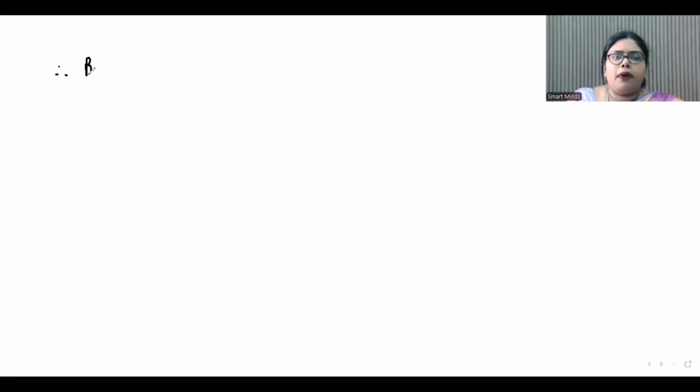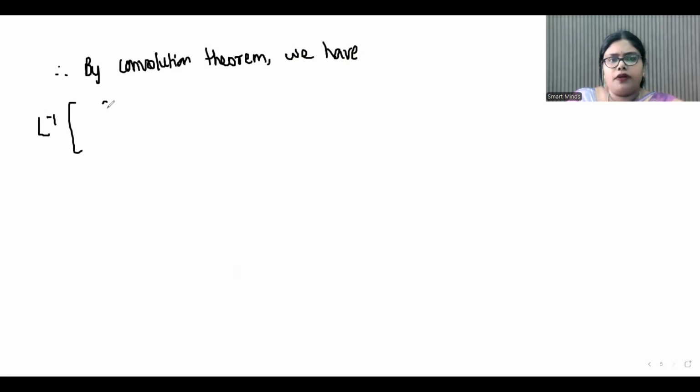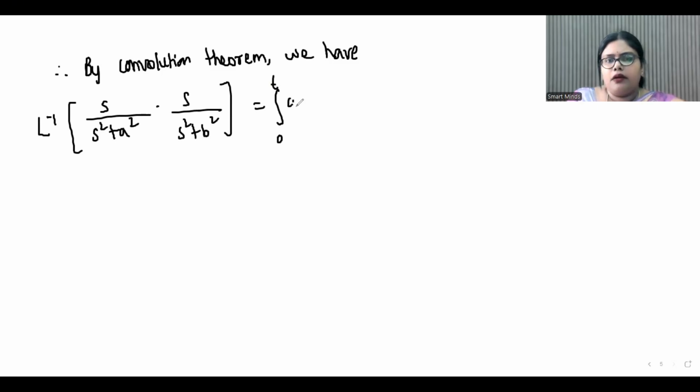Therefore, by convolution theorem, we have L inverse of s by s square plus a square into s by s square plus b square is equal to integral 0 to t cos au cos b into t minus u du.